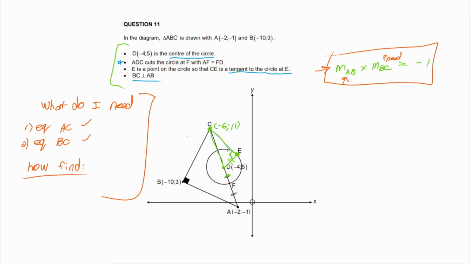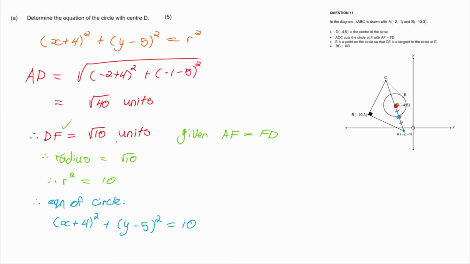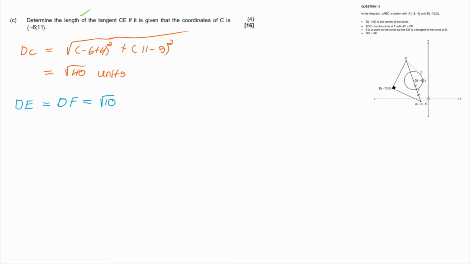So if we go back, I know that this is square root of 40, and I need to say what the distance of DE is. I can say that DE is equal to DF, and I know what DF is. DF was root 10 units. I got it over here. I need a reason for this, and that's radii.